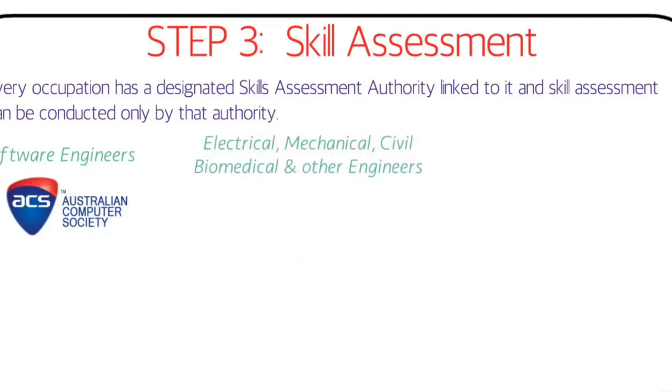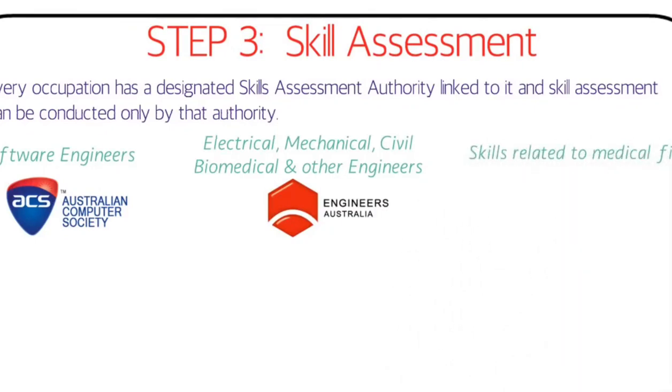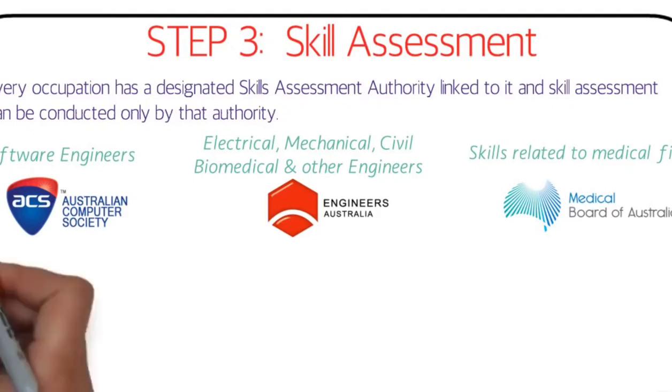For electrical, mechanical, civil, biomedical and other engineers, this is Engineers Australia. For skills related to the medical field, there's Medical Board of Australia. These are just 3 examples. How you can find it: when you find the occupation, you'll find the assessing authority over there. So it's very easy. I'll explain it to you in detail in my next video, how to find it.